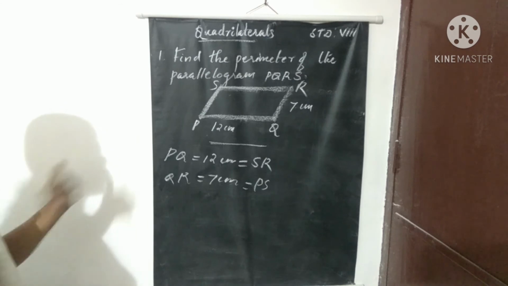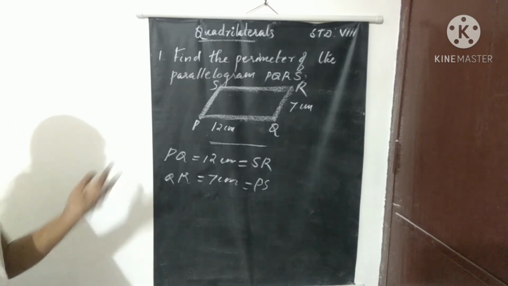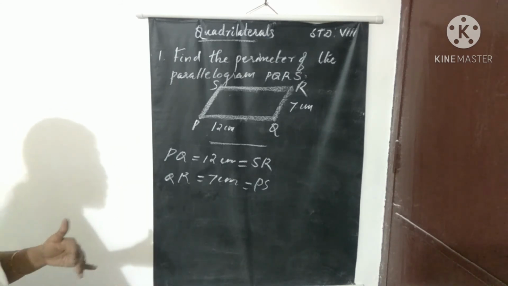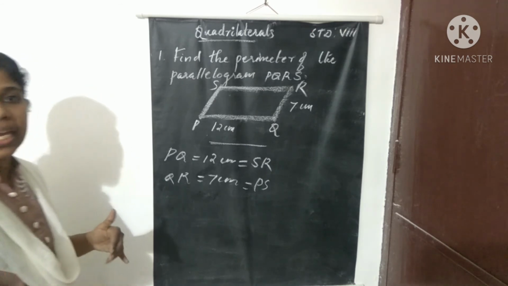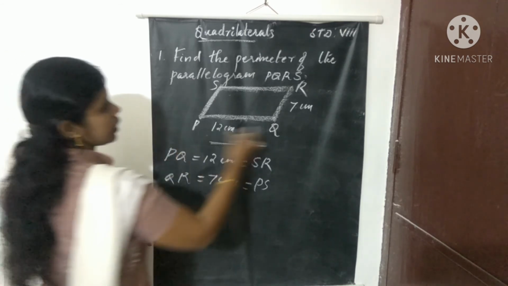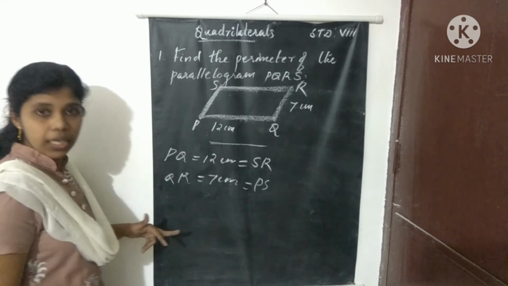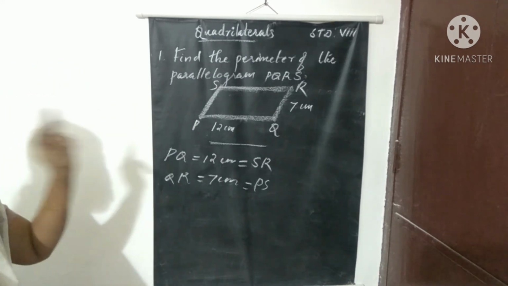So we get all 4 sides of the parallelogram. Then how can we find the perimeter of any figure? Yes, the sum of the lengths, the total length of that figure.